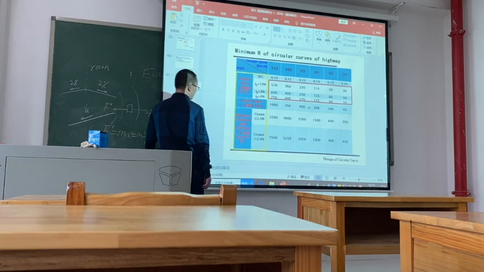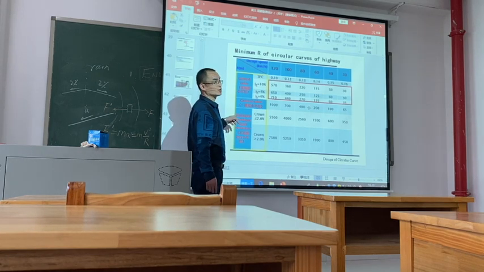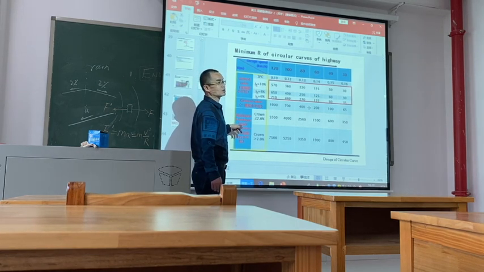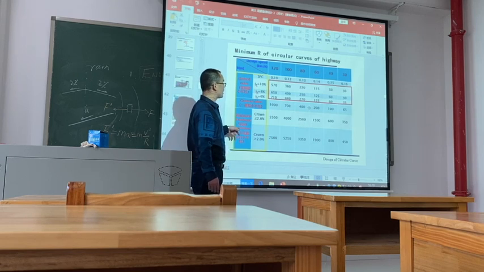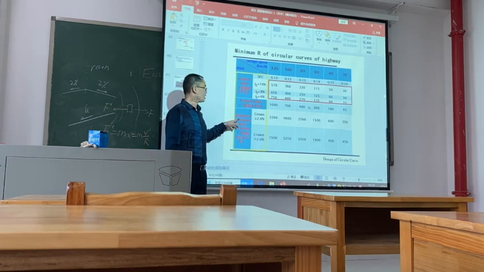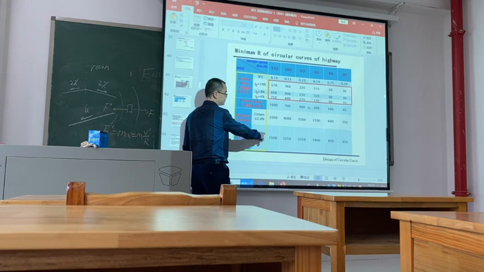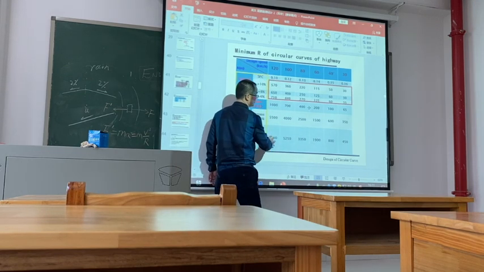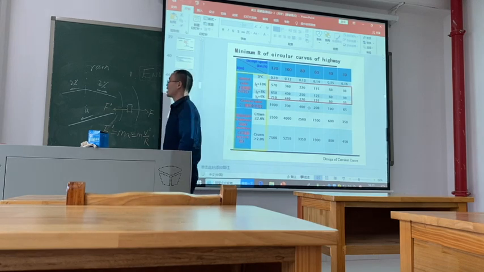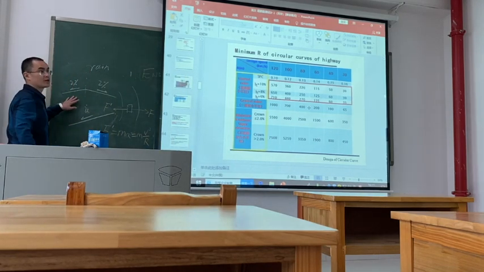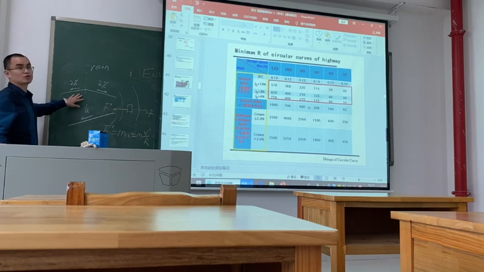If the radius is large enough, if R is greater than this value, you can keep the two-way crown slope to drive on the circular curve.